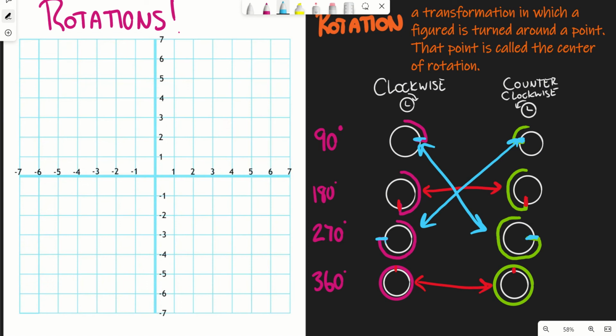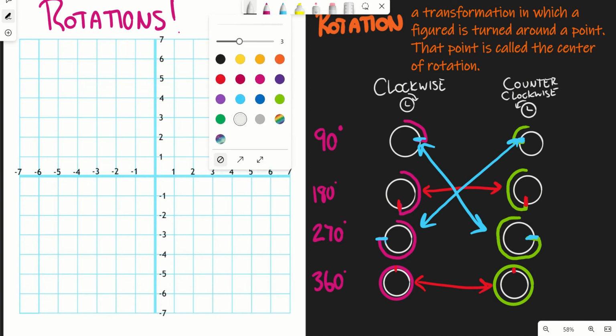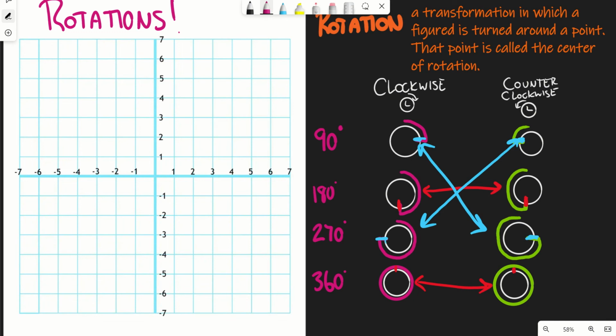Now, let's talk about how those movements actually look. What do those movements look like if I were to map them out? Let's say I have a point here, and here, and here, and here.